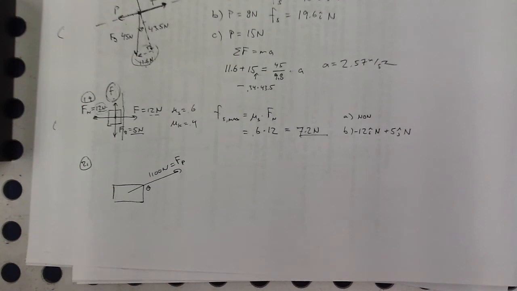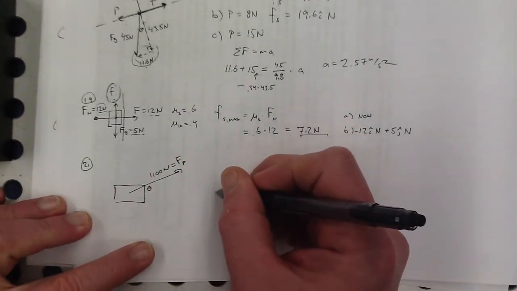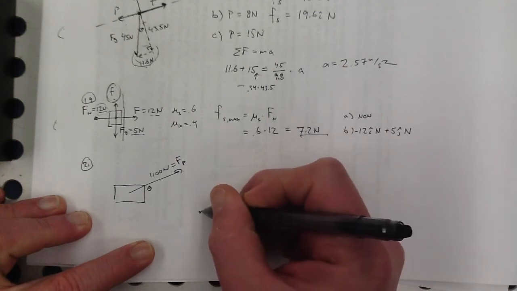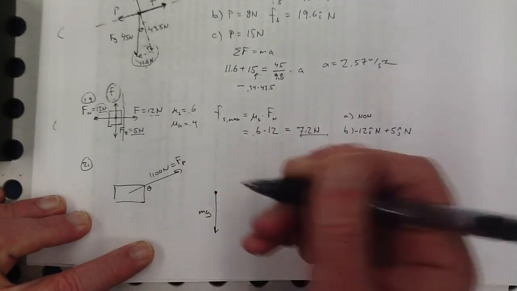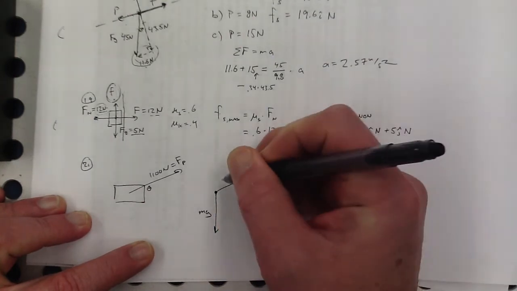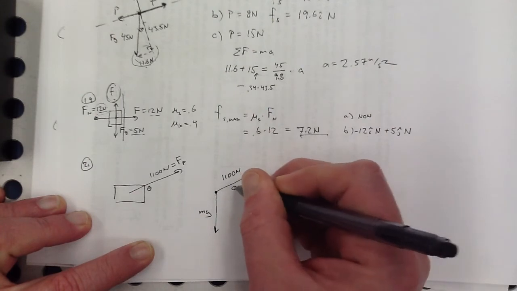Okay, so put my mg. I don't know how much mass I've got here in this box. I do know that this is going to be, we're going to max that out, 1100. I don't know this angle.